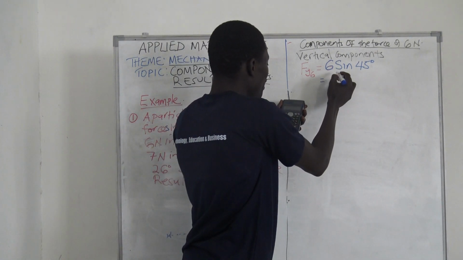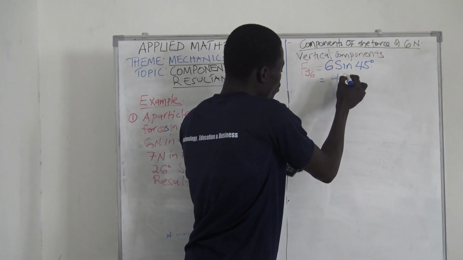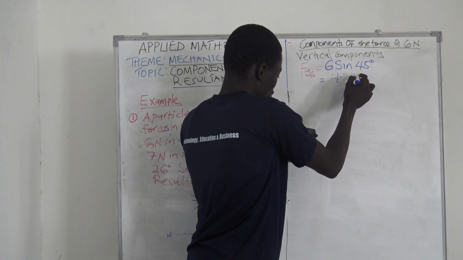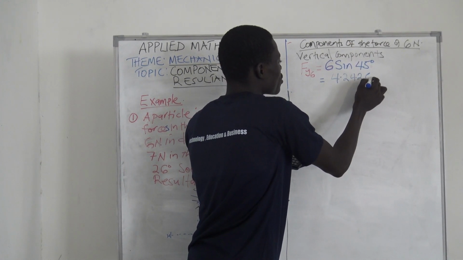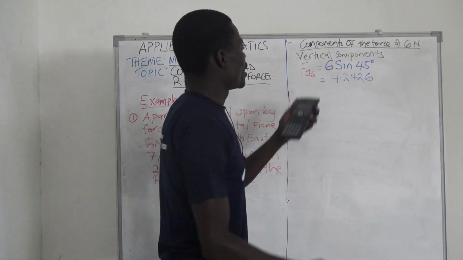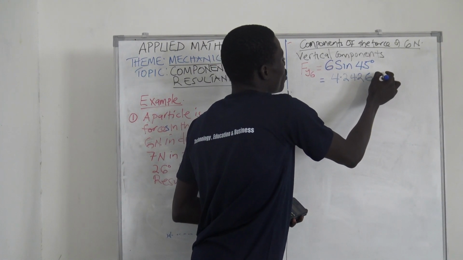So sine 45 gives 4.2426, correct to 4 decimal places. This is our force due to Fy of 6, which is 4.2426 Newton.